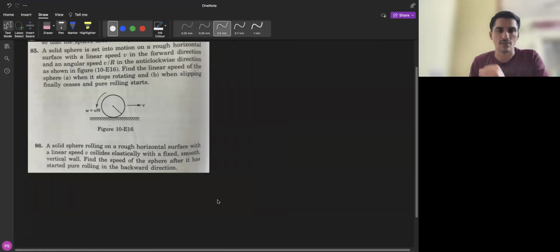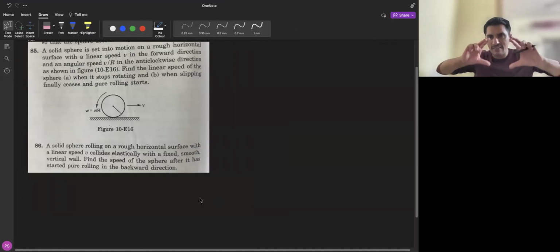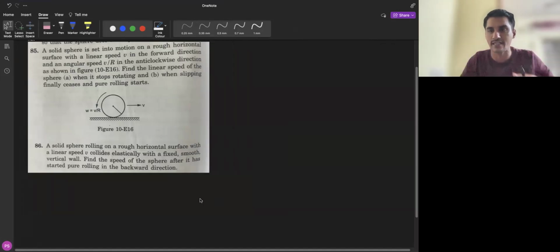See, first, suppose we take a sphere, turn it in reverse, and push it forward onto a floor, then what will happen initially? It turns like this and it moves forward, right?